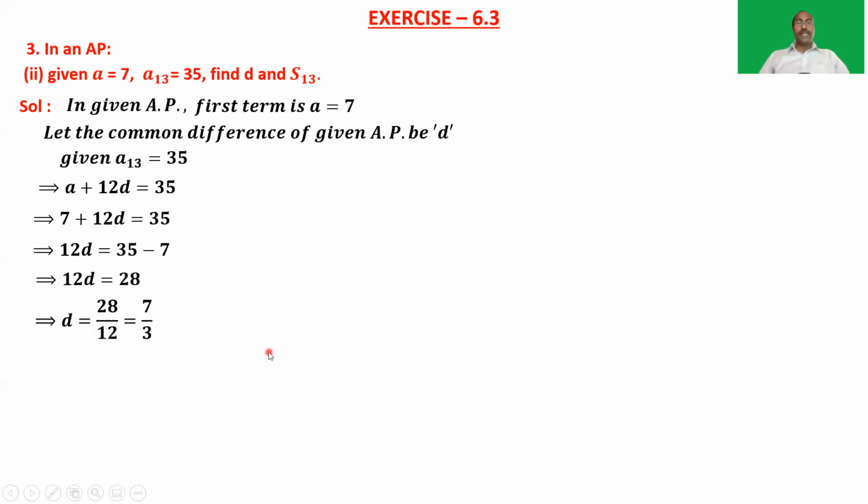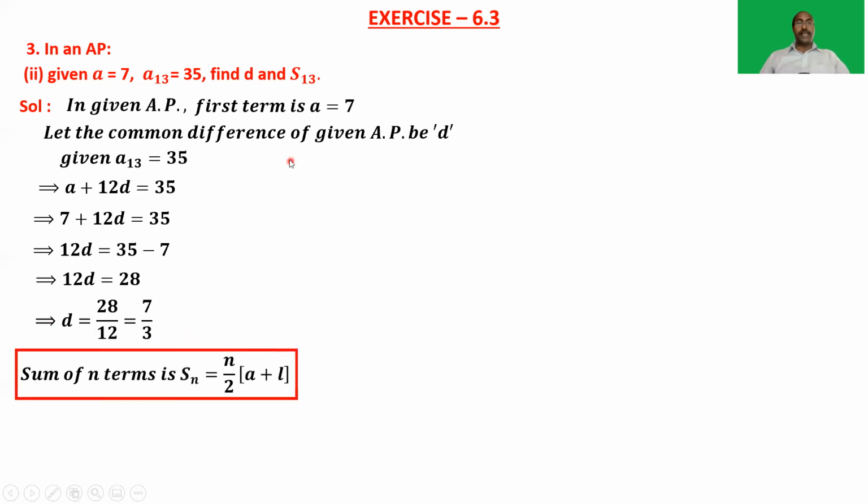Now S13. S13 is the sum of 13 terms, and we know the 13th term here. So we can use the formula Sn is equal to n by 2 into a plus l, where n is equal to 13, a is equal to 7, and the last term A13 is 35.